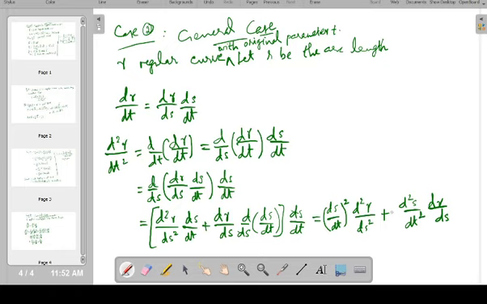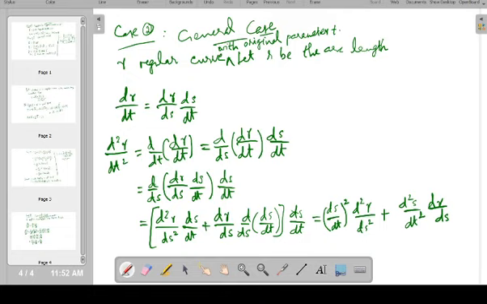Okay. Similarly, we find d cube gamma by dt cube, because our formula involves gamma dot, gamma double dot, and gamma triple dot. Here dot means differentiation with respect to the original parameter t.